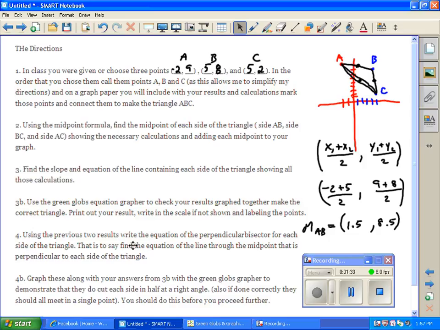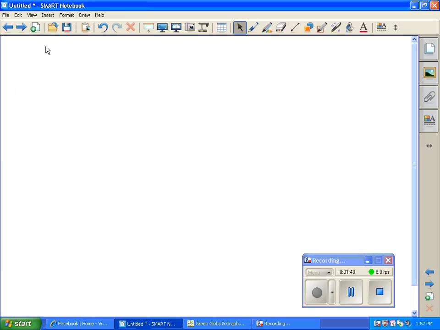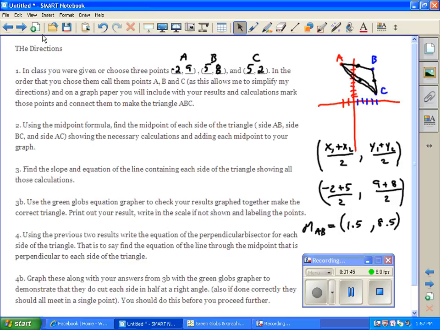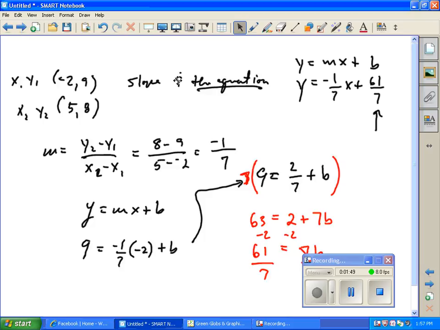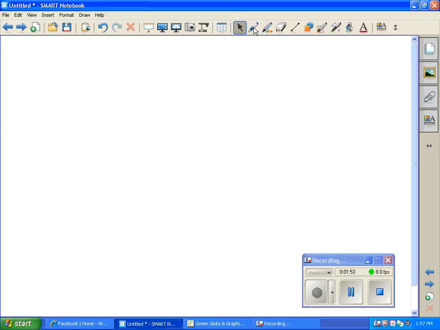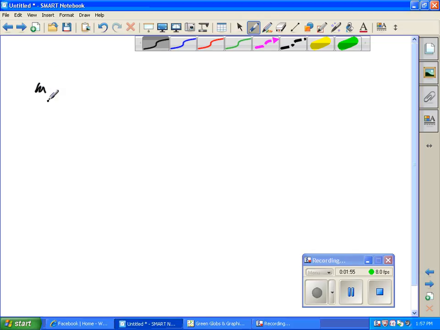So why did I ask you to find the midpoint? And why did I ask you to find the equation? Well, let me go to the next page. We needed the midpoint of AB, which was 1.5 comma 8.5.